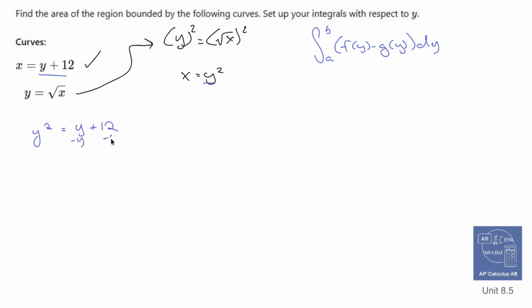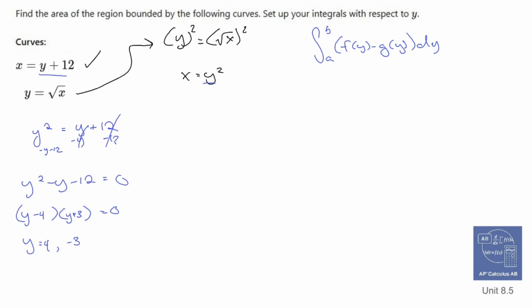Let's subtract y and subtract 12, and that gets us y squared minus y minus 12 equals 0. Now this does factor out to y minus 4, y plus 3 equals 0, and that gives me y values at 4 and negative 3.